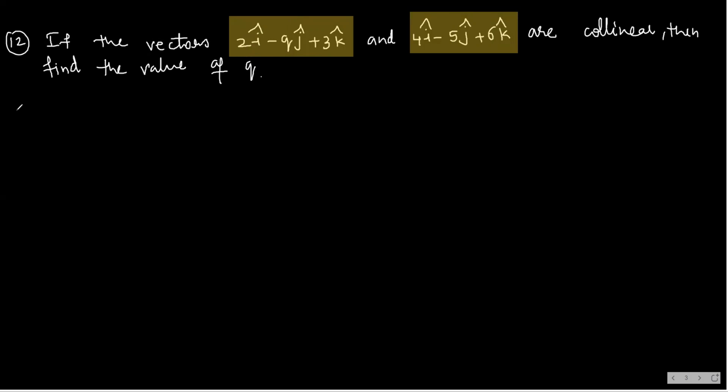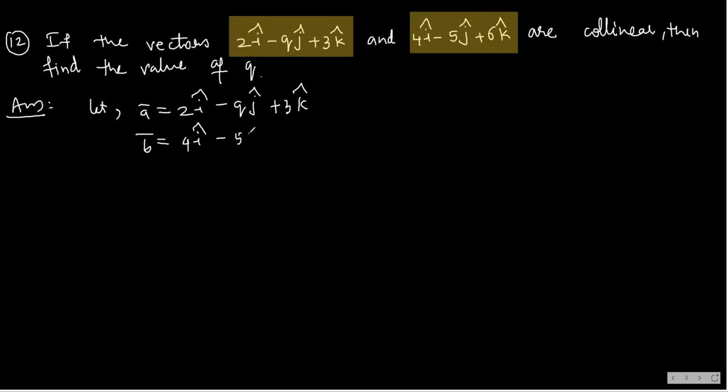So see, how do I begin? For solving the problem, I will first assume these two vectors to be a bar and b bar. Okay. So I write here, let a bar equal to the first vector 2i cap minus qj cap plus 3k cap, and b bar as 4i cap minus 5j cap plus 6k cap.